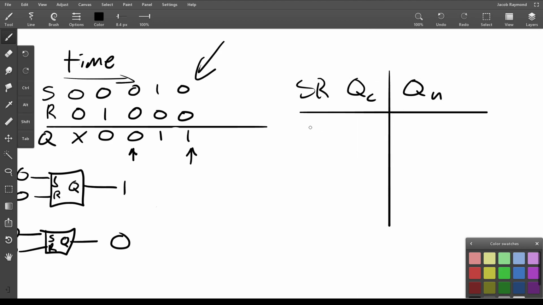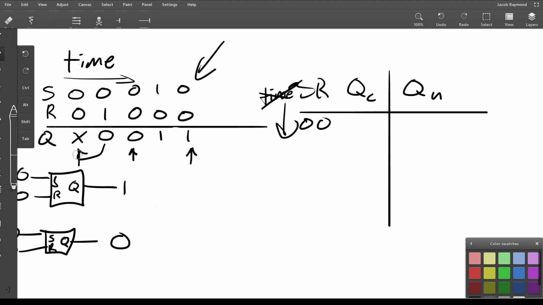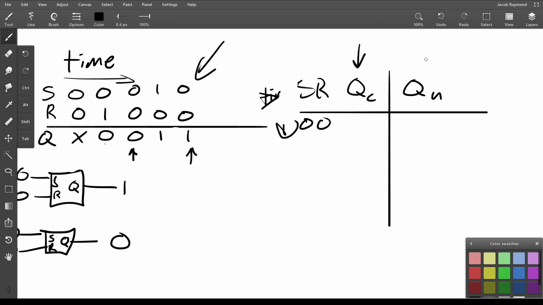So like here, this is not time anymore. In this case, it is time, because it's basically saying the current state is essentially the thing in the previous column. But over here, it's just saying I'm going to give you what the current state is, and I want you to tell me what the next state is.